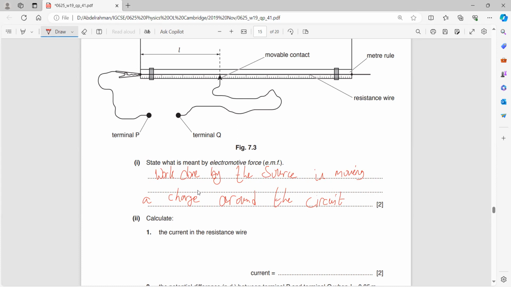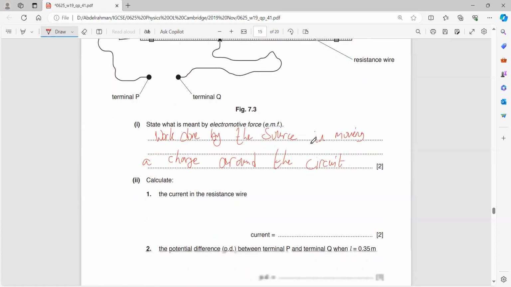But what happens بقى in this charge? It is moved around the circuit. It is moved around one complete loop or one complete circuit. خلاص، the energy per unit charge دلوقتي I will say that it is the work done by the source on the charge. صح كده؟ It is work done by the source in moving the charge around the circuit once. تمام. That's the new definition بقى of the electromotive force.